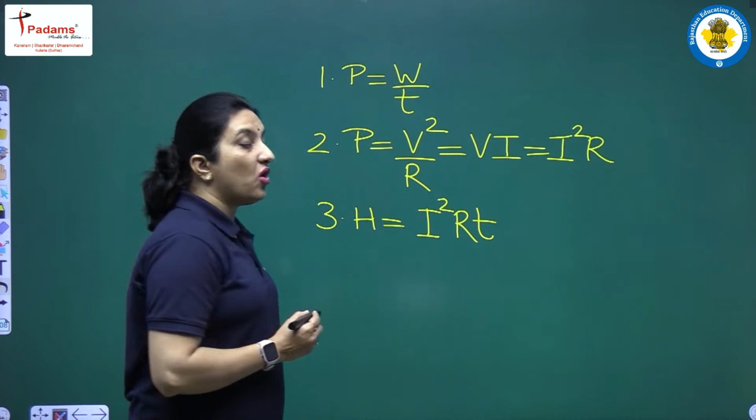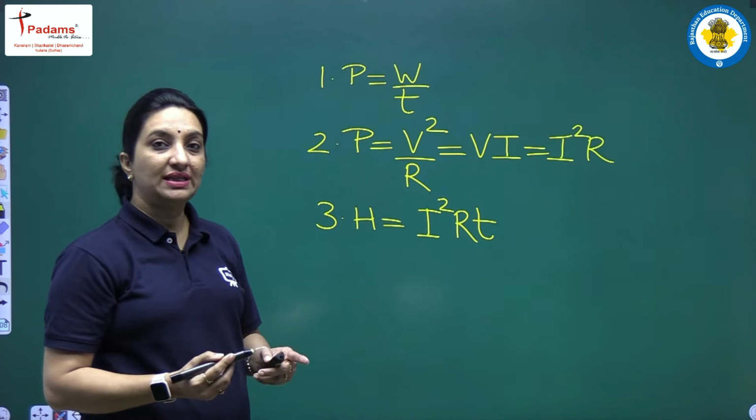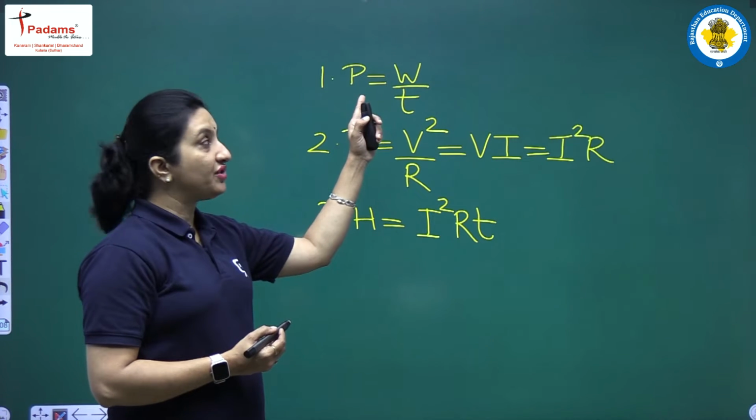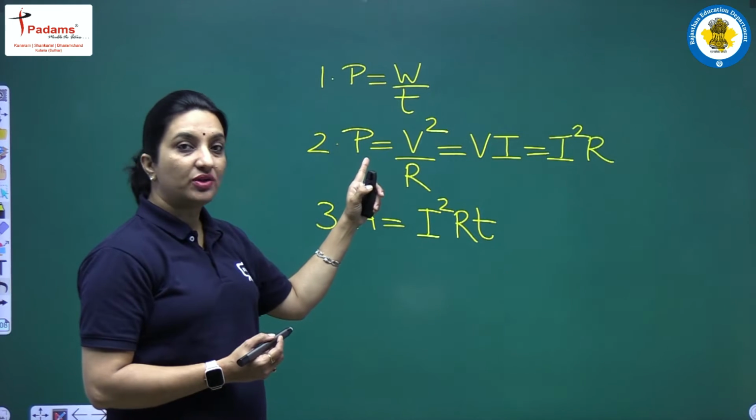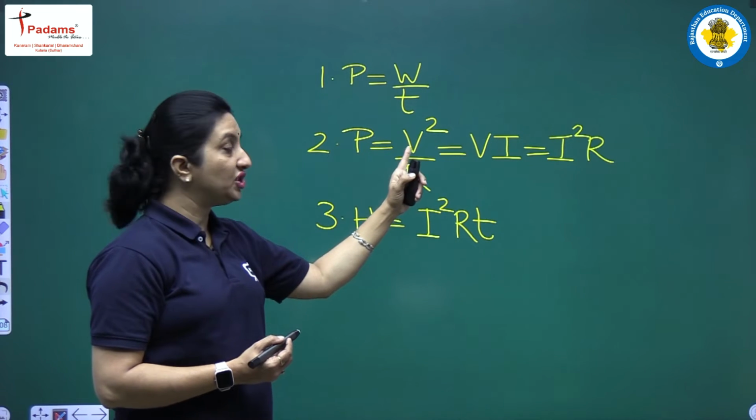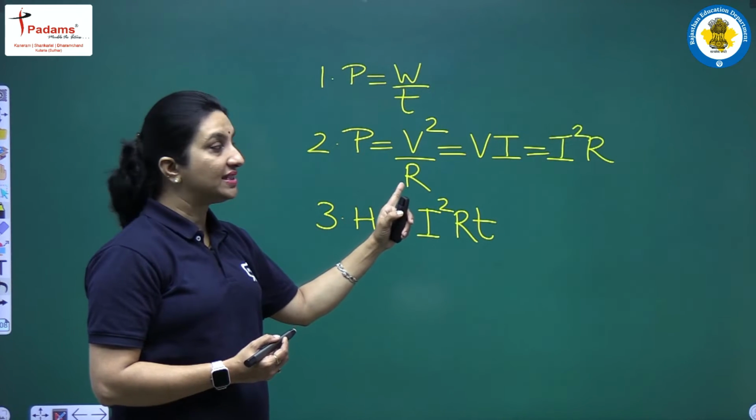Now students, here all the symbols have their usual meanings, like P stands for electric power, W for work done, T for time. Here again P stands for electric power, V for the electric potential, R for the electrical resistance.